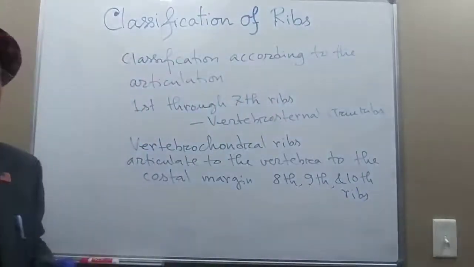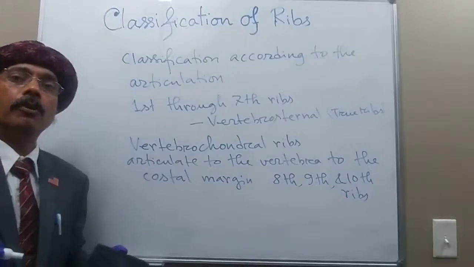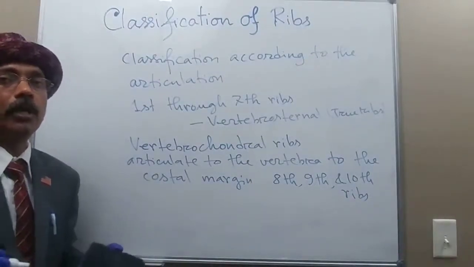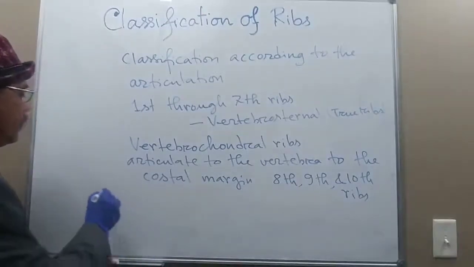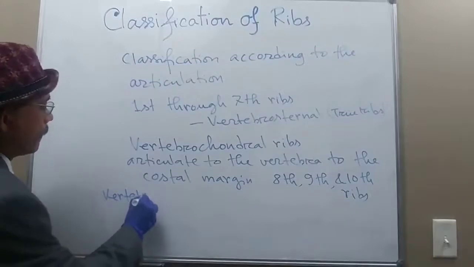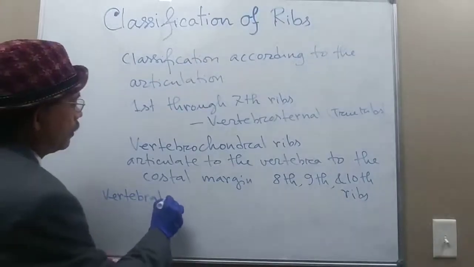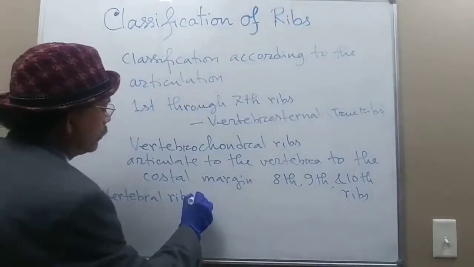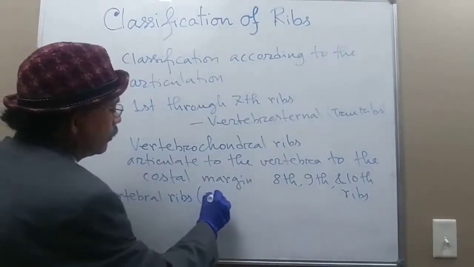Okay, we have another type of rib. Those are only present posteriorly, only articulate with the vertebra. Those are the floating ribs. These are the vertebral ribs, also called floating ribs because they float.